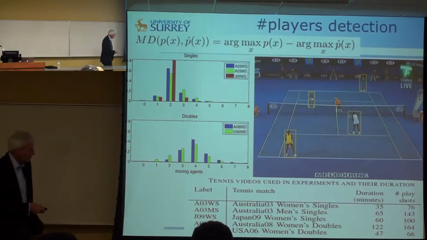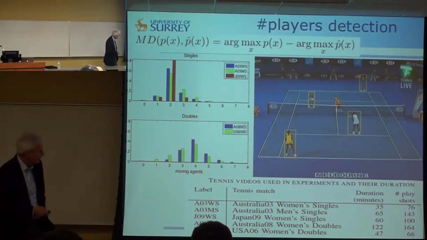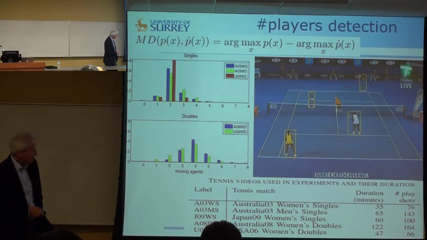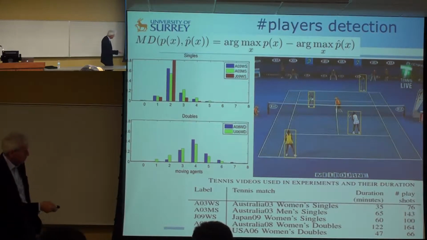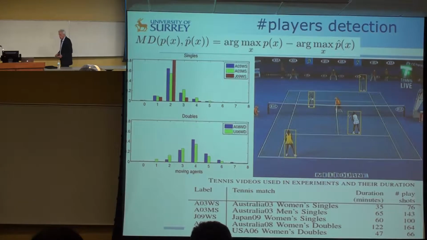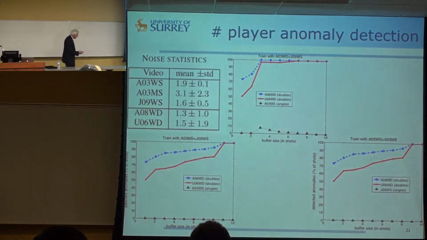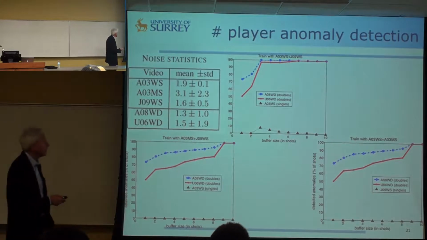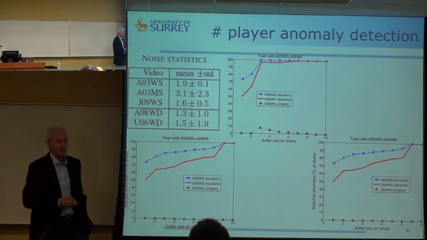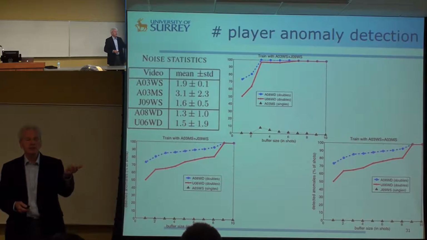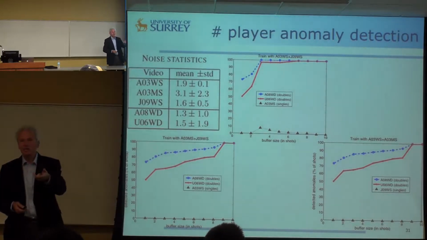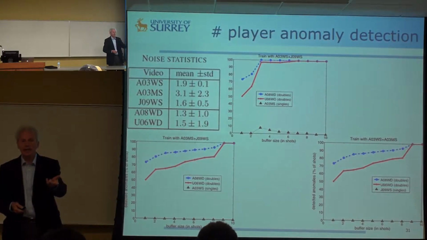You can see that we actually processed a lot of video. We have many different matches from different tournaments, and quite a lot of video data processed automatically. It turned out that in some cases, so we always trained on 2 videos of singles, then we tested on the remaining video to make sure that we don't detect anomalies and see whether we detect anomalies in doubles.